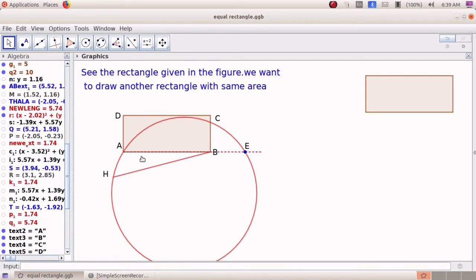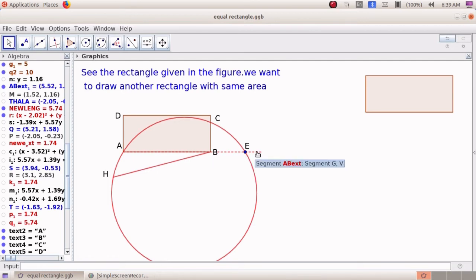Now in the circle drawn, AE is a chord of the circle. And if we draw another chord through the vertex B by extending BH, we will get two chords intersecting at the point B. See, the area of the initial rectangle is AB into BC, or AB into BE.